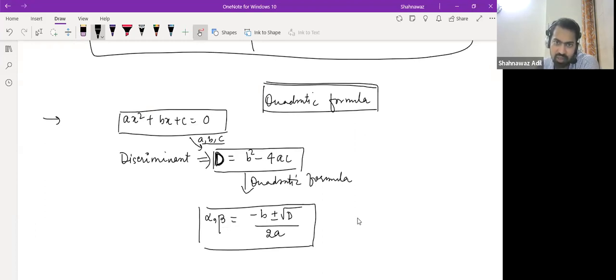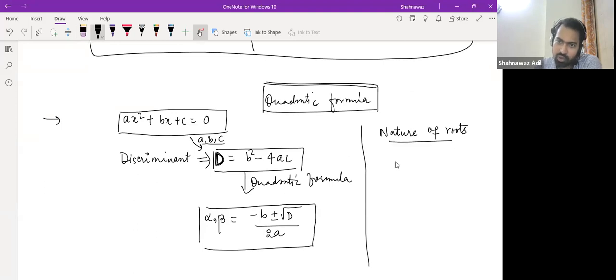Then we talk about nature of roots, which is determined by this D. The first case is that D is greater than 0.